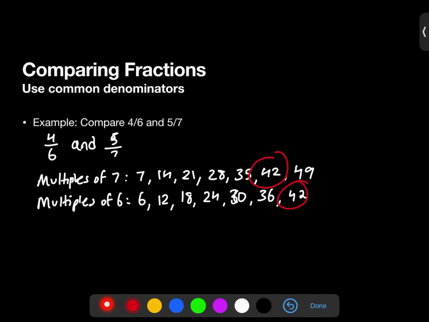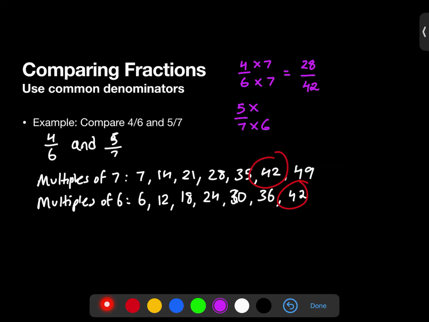So now we'll do the same thing. So we have 4 by 6. So we multiply the denominator by 7, right, to get to 42. And we'll multiply the top by the same. So our new fraction is 28 over 42. And now 5 by 7, we multiply the denominator by what? 6, right?